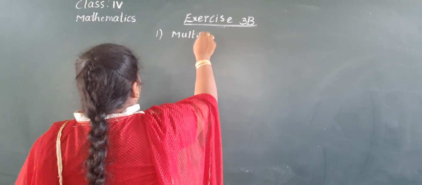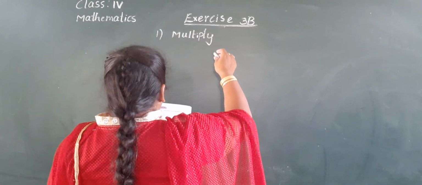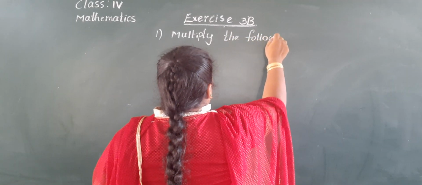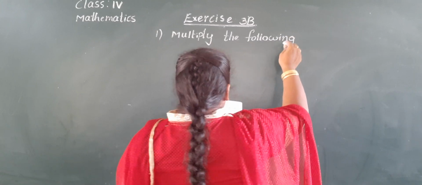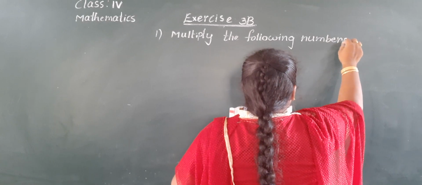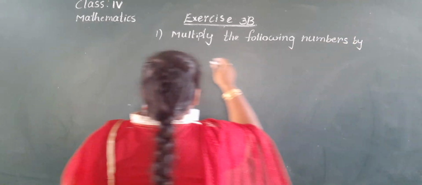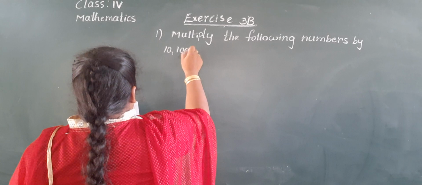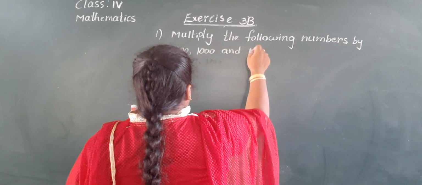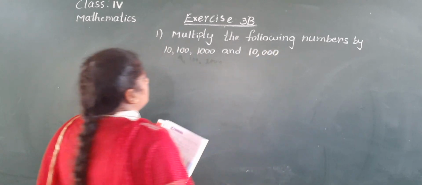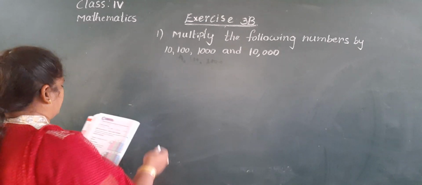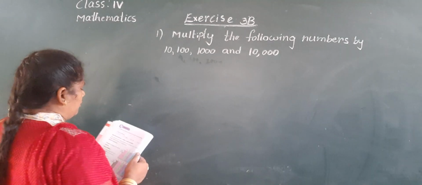Multiply the following numbers by 10, 100, 1000 and 10,000.